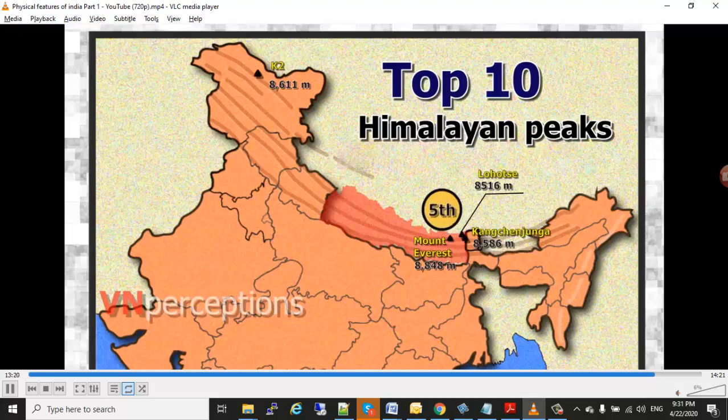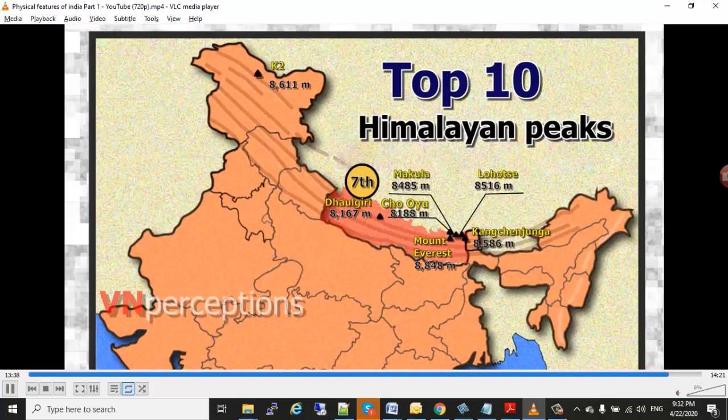Lhotse. Fifth one, Makalu. Sixth place goes to Cho Oyu. Seventh place goes to Dhaulagiri.